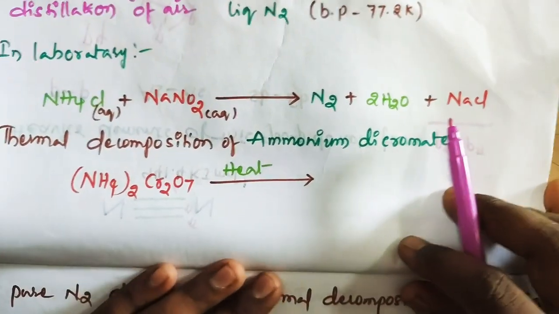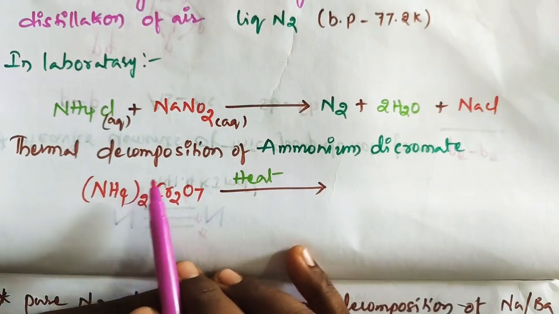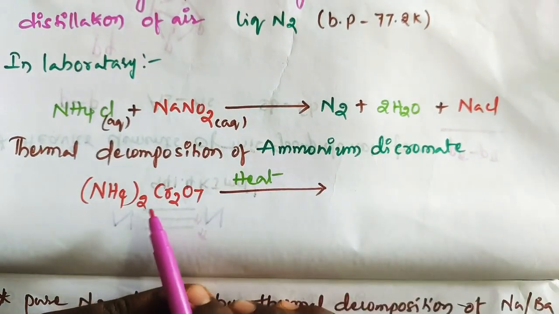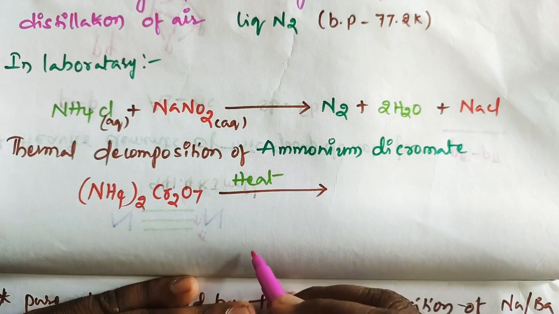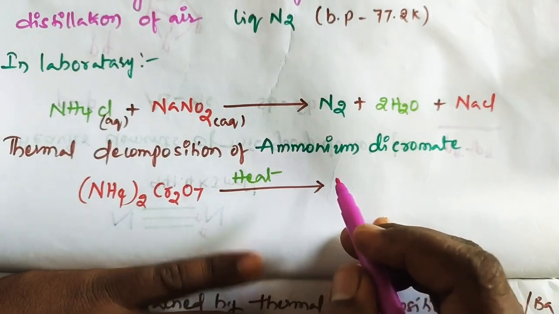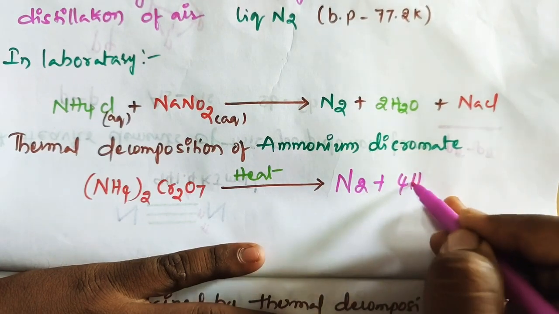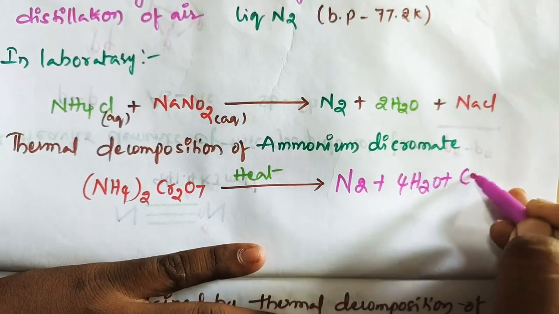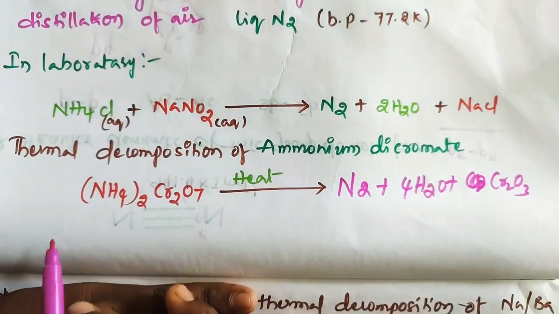And thermal decomposition of ammonium dichromate, (NH4)2Cr2O7. By applying heat, thermal decomposition takes place and we get N2 plus 4H2O plus Cr2O3.